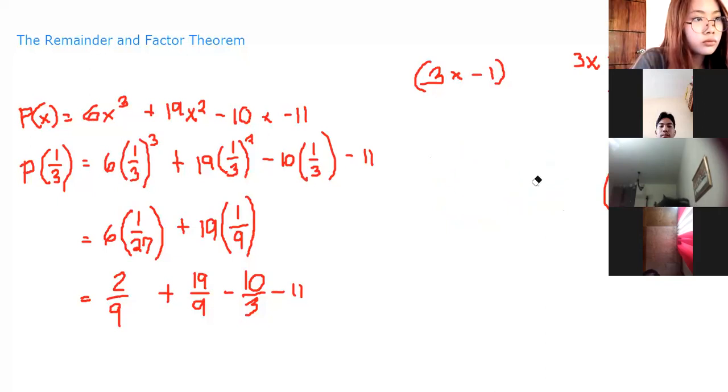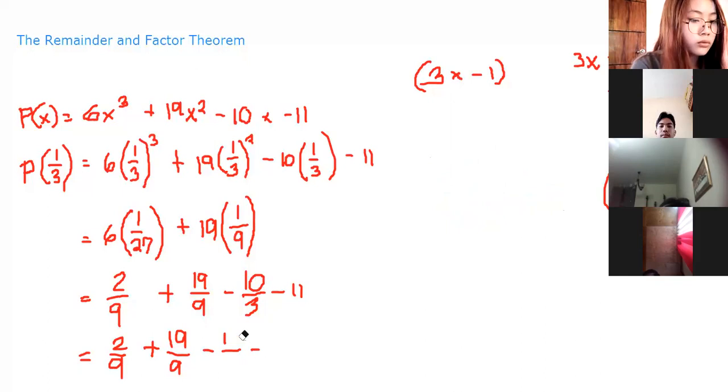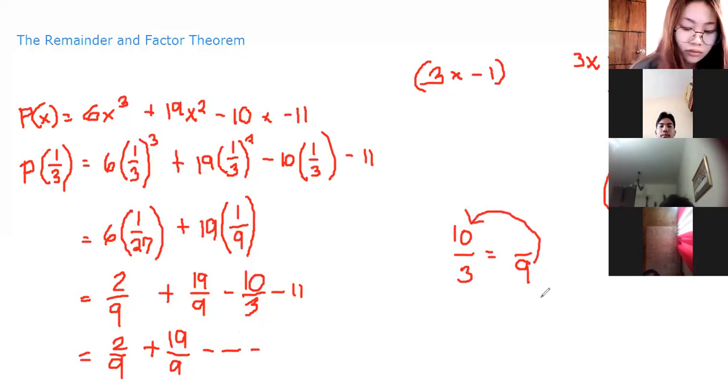When we make all the denominators 9, the two fractions will change. So, 2 over 9 plus 19 over 9 minus 10 over 3. We need the denominator to become 9. So we multiply the new denominator 9 by 10, 9 times 10 is 90, then divide by 3, that is 30.